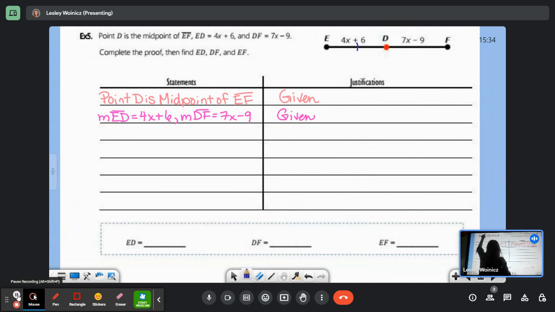Let's mark them. Let's code the picture. Okay, so we know that the measure of ED is equal to the measure of DF because of the definition of midpoint.